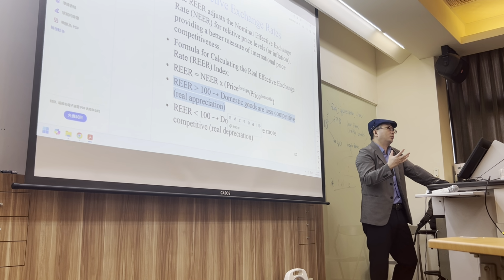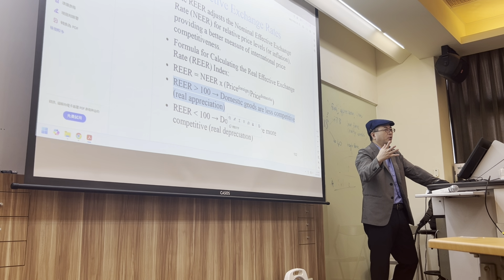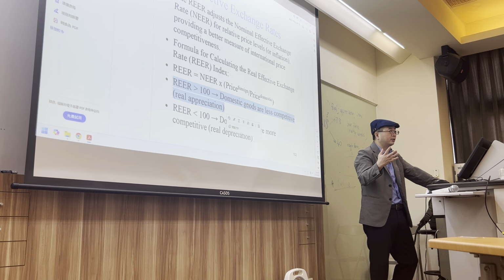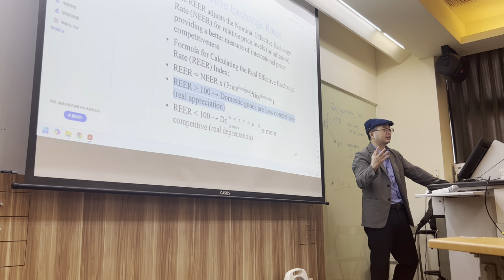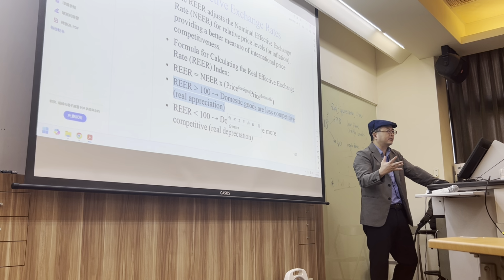But we know when the value of a currency is higher, it makes its exports more expensive compared to its competitors, right? For example, if we export bikes to the US, we will face competition from bikes from South Korea, from Japan, from China.